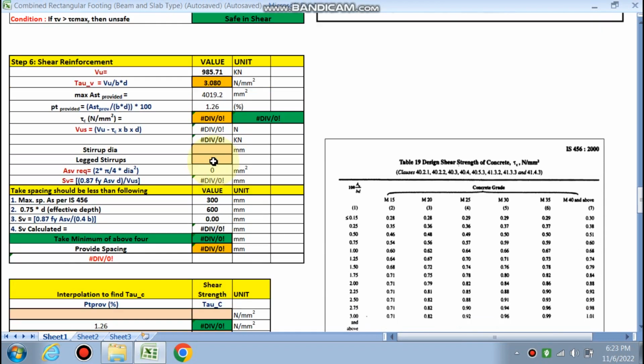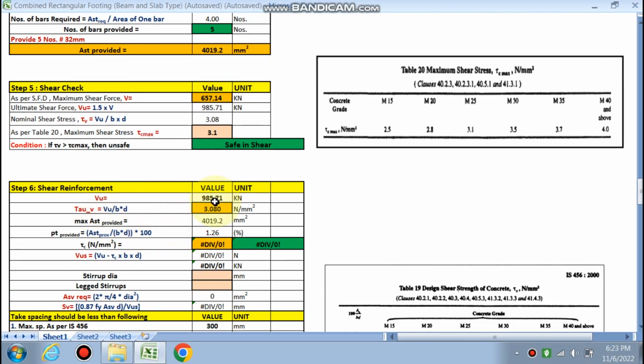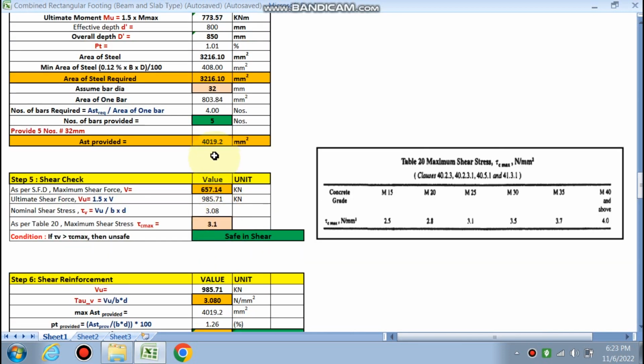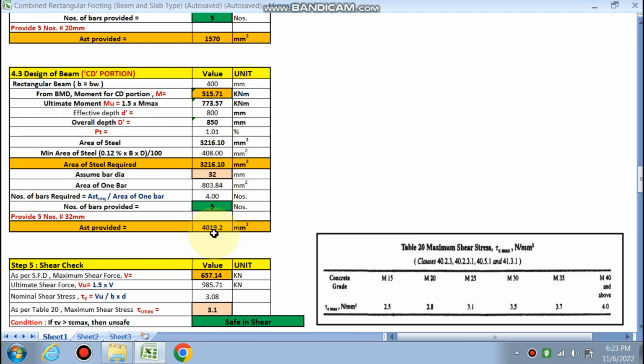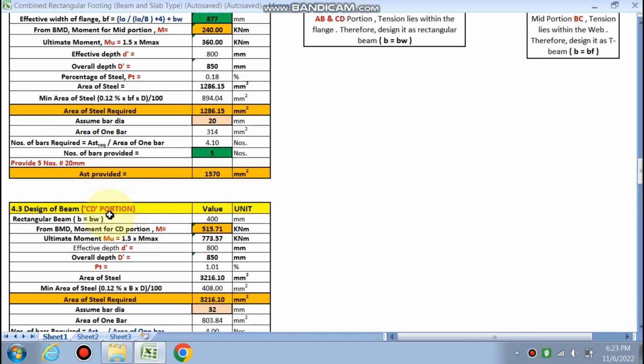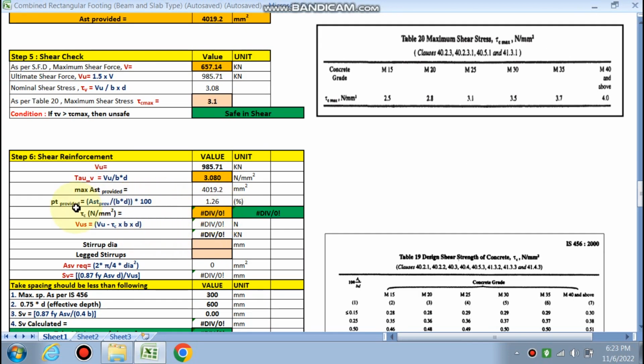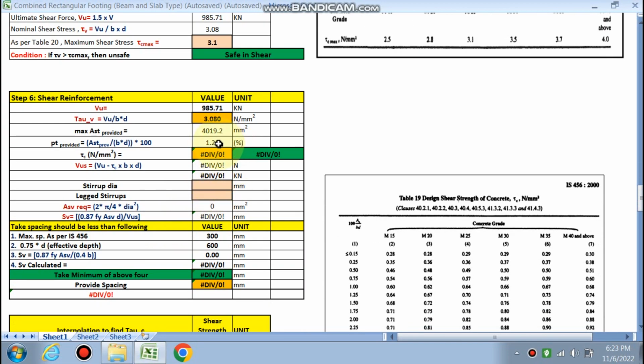Next is shear reinforcement. You have to take the maximum shear force, that is 985, the ultimate shear force. Tau V is 3.080. The maximum AST provided is 40919. This is the maximum reinforcement we have provided, right, in the CD portion. So PT provided is 1.26%.